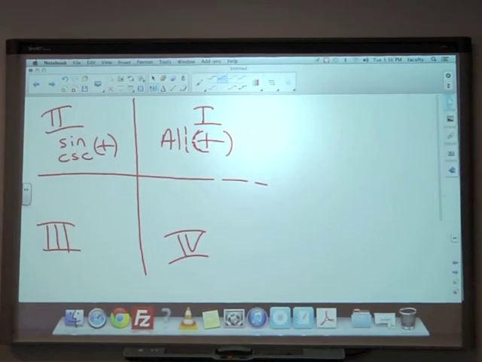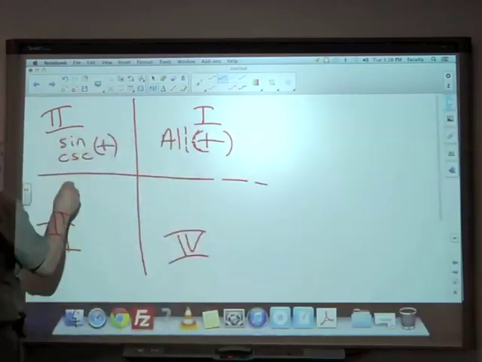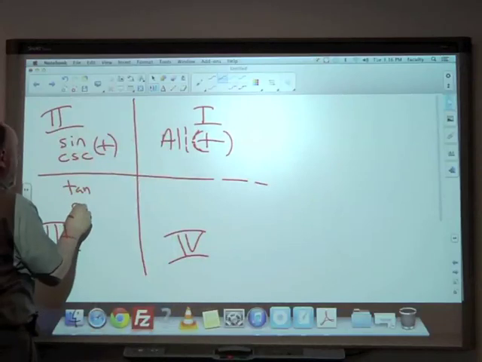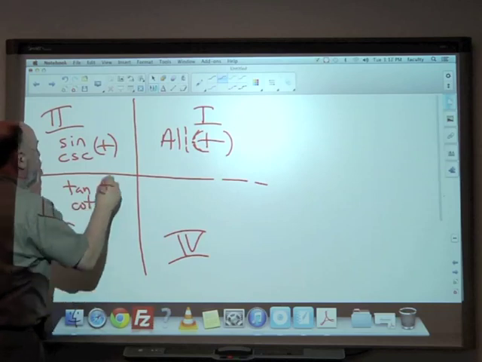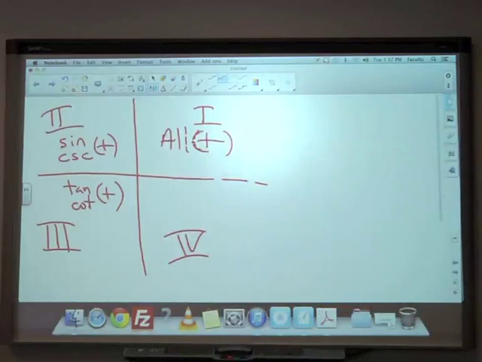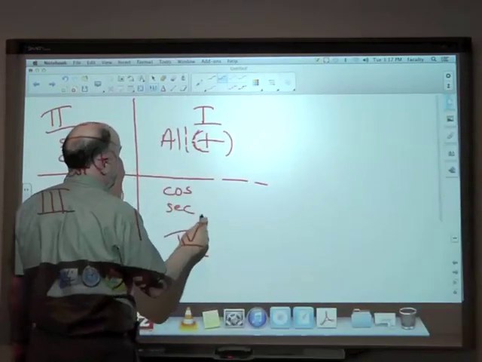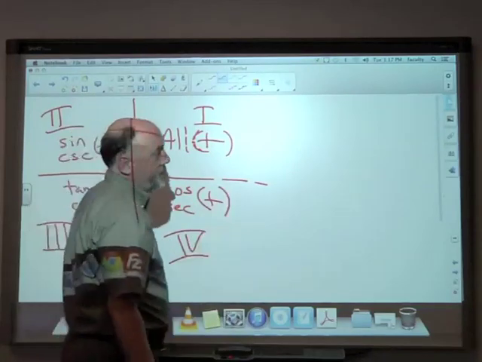Oh, tangent and cotangent are positive. Because after all, a negative divided by a negative will be a positive. Okay? And lastly, in quadrant 4, which trig functions are positive? Cosine and secant. Cosine and secant. Okay?